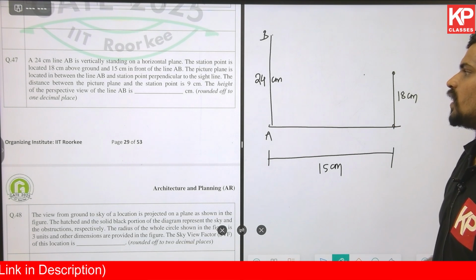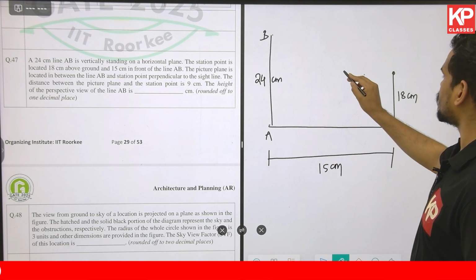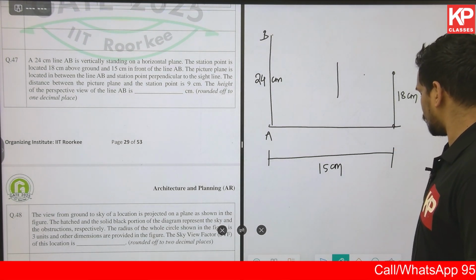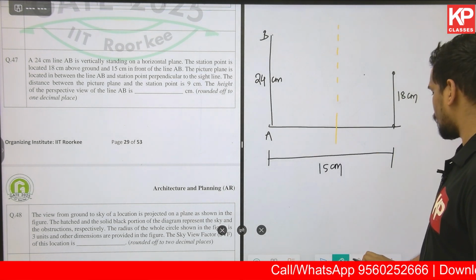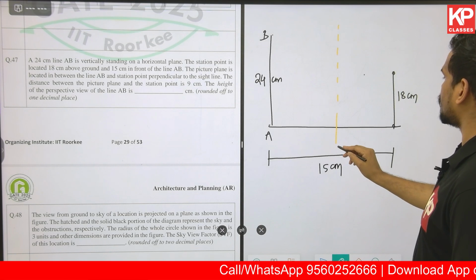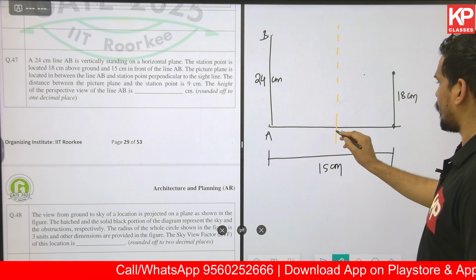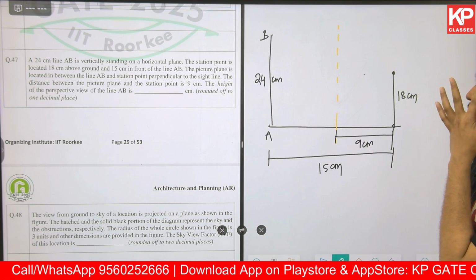The distance between the picture plane and the station point is 9 centimeters. Let me draw a picture plane over here. That picture plane is at a distance of 9 centimeters from the station point.